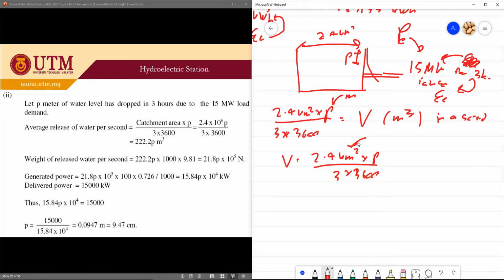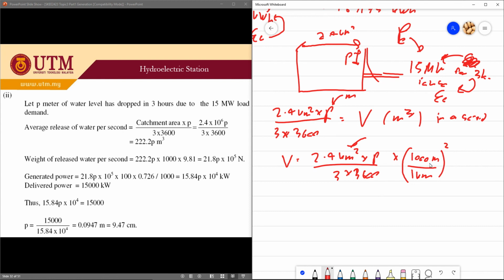This is in km, so you have to convert it to meter squared. You just multiply by 1000 meter per 1 km, and because this is squared, don't forget to square.